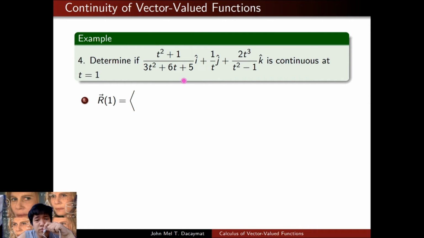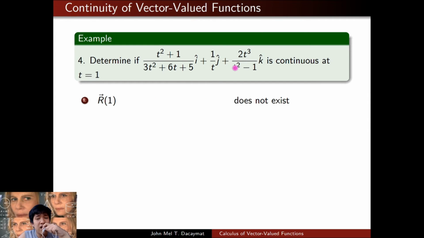Sa first component, kaya nyo na yan. You can see that it's 1 over 7. It's 2 over 14 actually. So 1 over 7. Second component, if you replace t with 1, you get 1. But in the third component, if you try to plug in 1, yung denominator mo magzi-0. So, ano mangyayari? The function value for the third component does not exist.